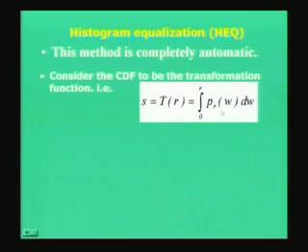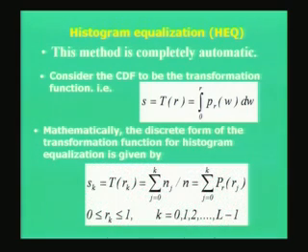I am going over a few mathematical concepts here, keeping the equations as simple as possible within the time available to us. Mathematically, the discrete form of this analog, or integral, equation of the transformation function for histogram equalization is given as this. Remember, the integral becomes a sigma in the discretized world. This is nothing but the histogram n_j by n.